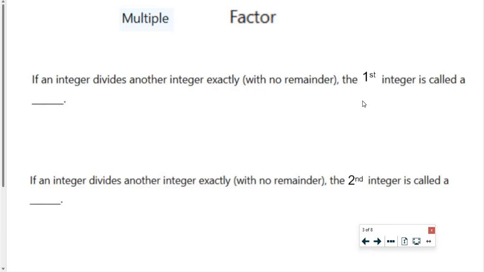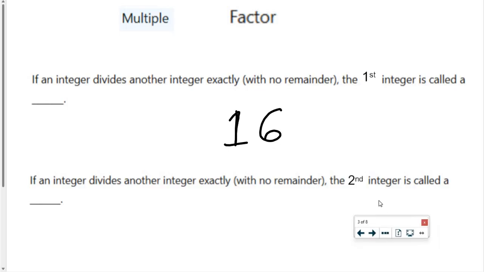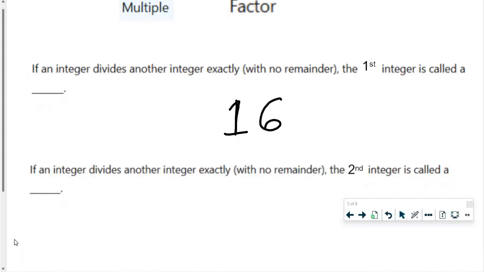Let's take another example. If an integer, say 16, that is an integer. Now, 16 is the first number. Pay attention here.